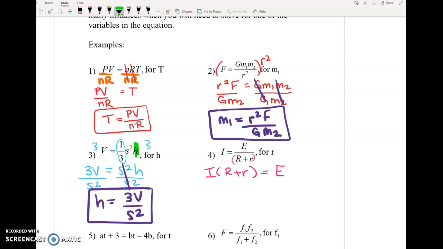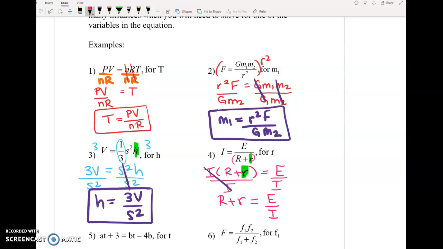We are looking for isolating r, and there's only one of them. So since there's only one, we can first get rid of I by dividing both sides by I. And once you get rid of I, you're just left with r plus capital R equals e over I.